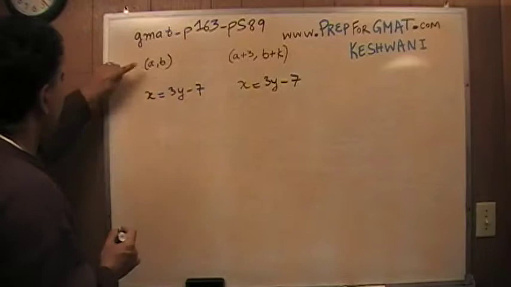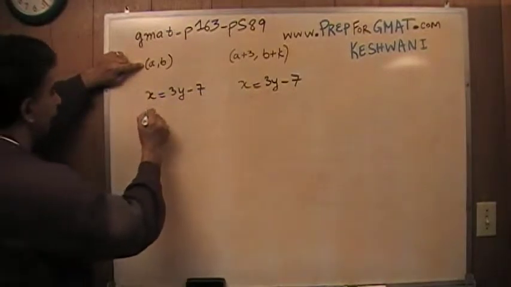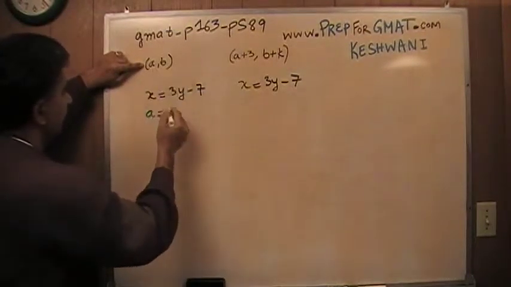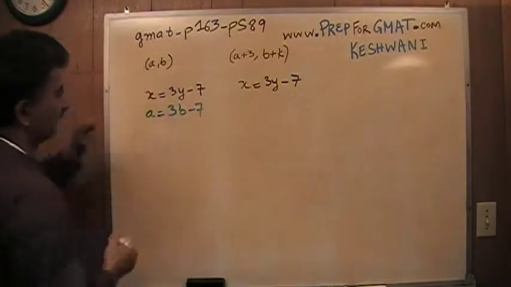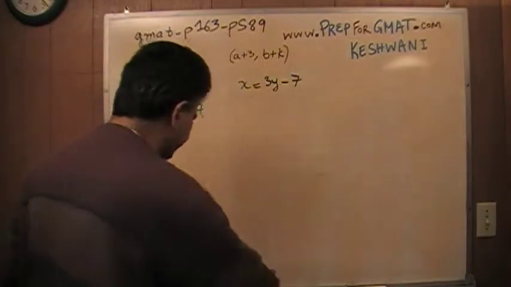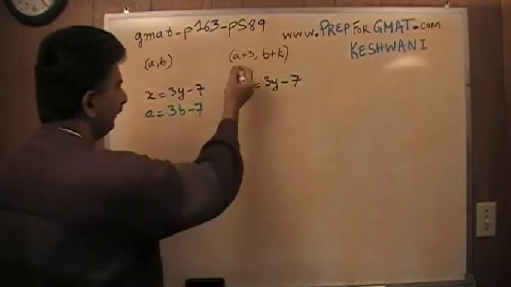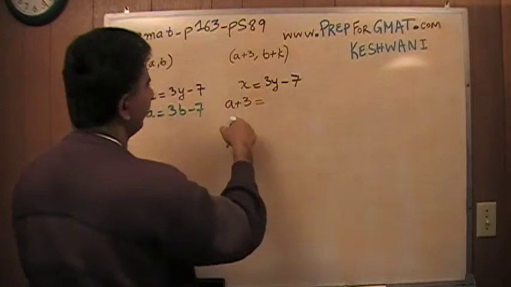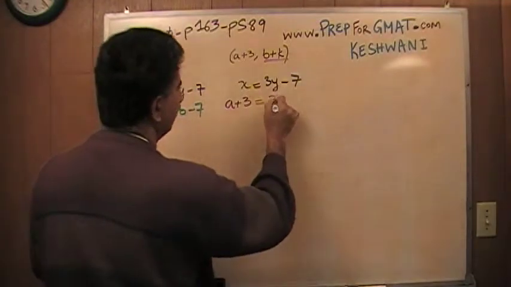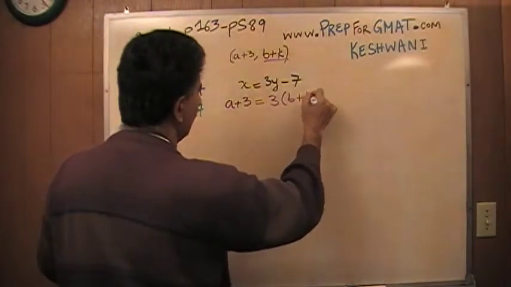So let's do it here. I'm going to substitute a for x and b for y, and that's one equation. And the other equation is this one. Here I'm going to substitute a plus 3 for x and b plus k for y.